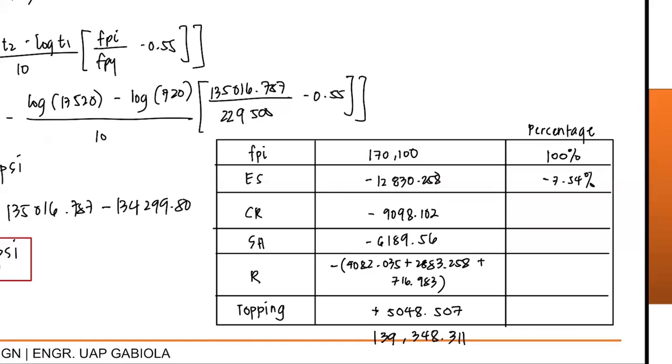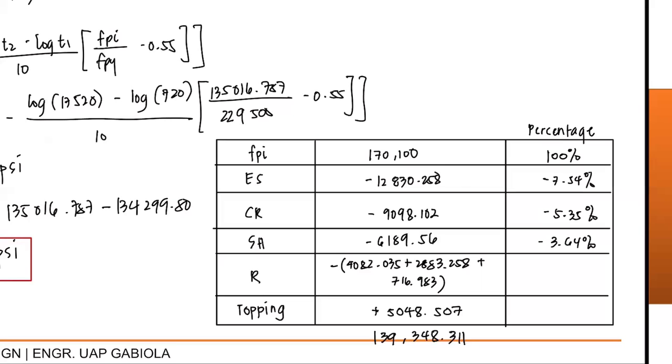Then 9098.102 divided by 170,100 times 100. So, nag-reduce naman siya ng negative 5.35%. Next is 6189.56. That is 3.64%.